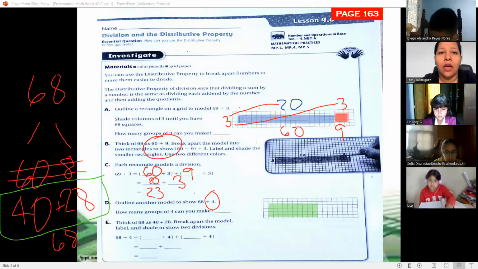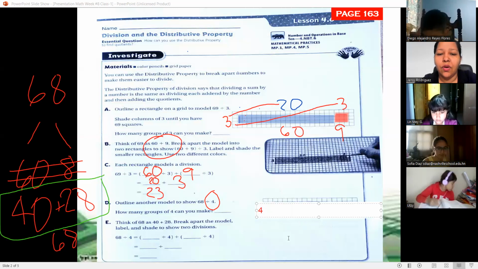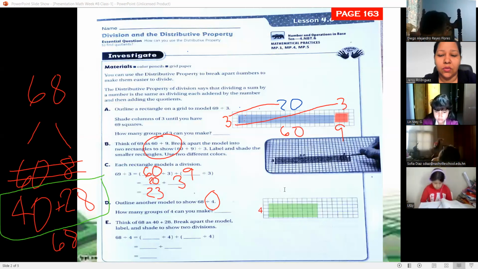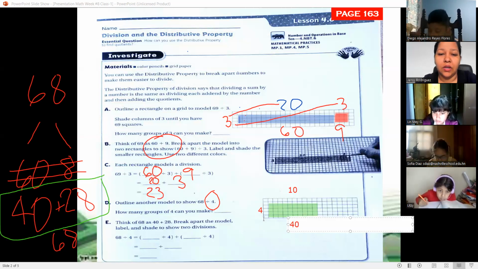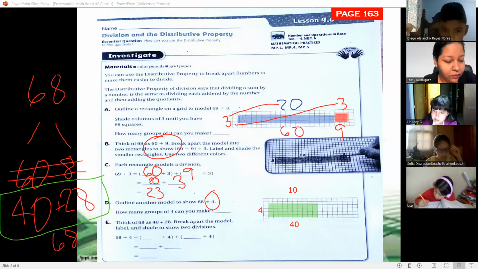I have 4 rows of 10, and that gives me 40. You see, I have 40. What is the other one that I need to do? So I need to find 28.